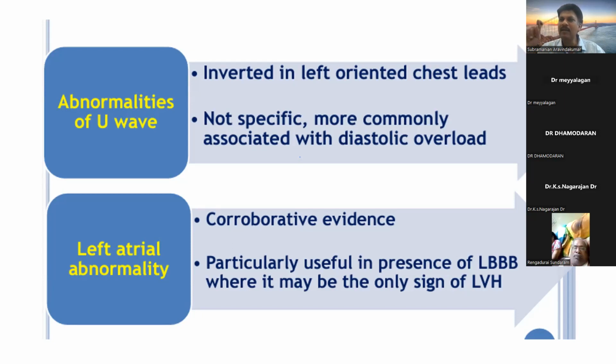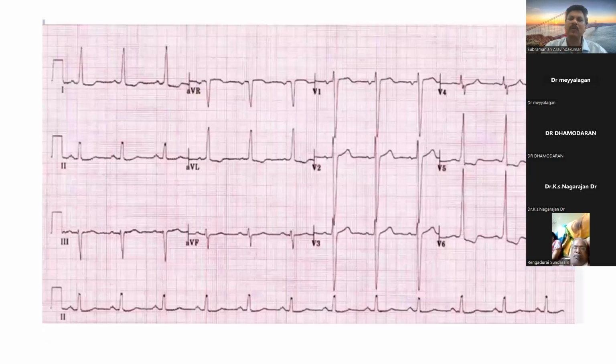You have a bifid P wave in lead 2, with P wave width more than 2.5 small squares, or a terminal negativity more than 1 millimeter deep and 1 millimeter wide in V1. That's simple to remember for left atrial enlargement. If it is there, we can understand that it is secondary to left ventricular hypertrophy.